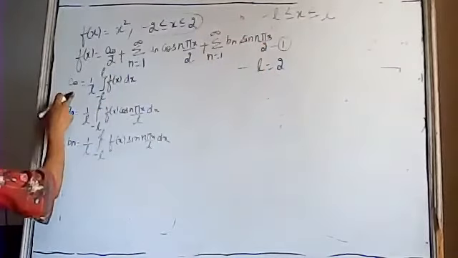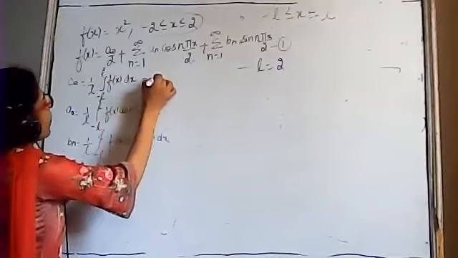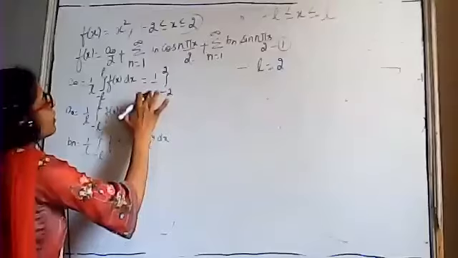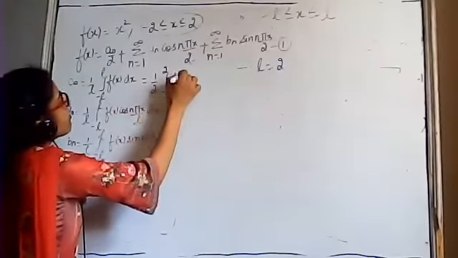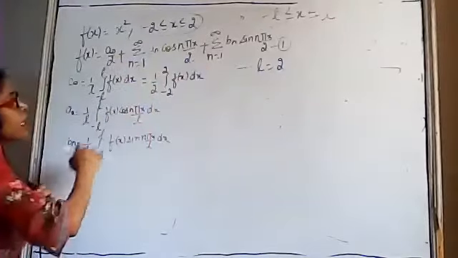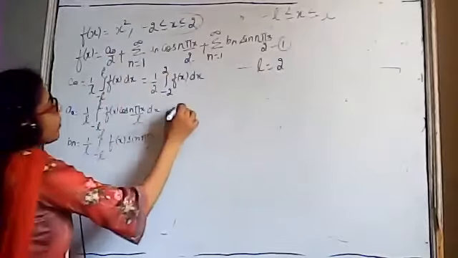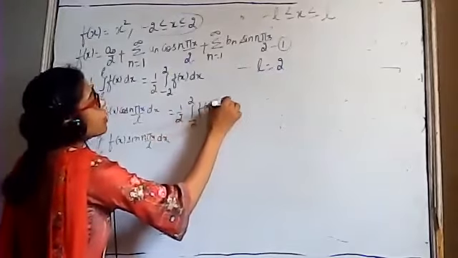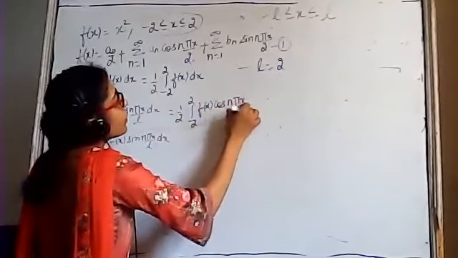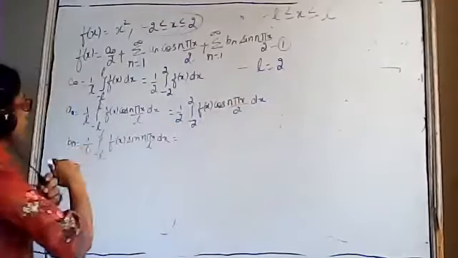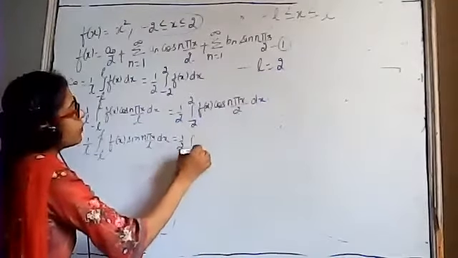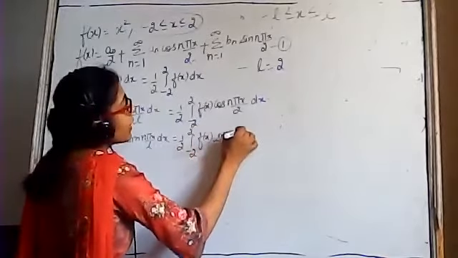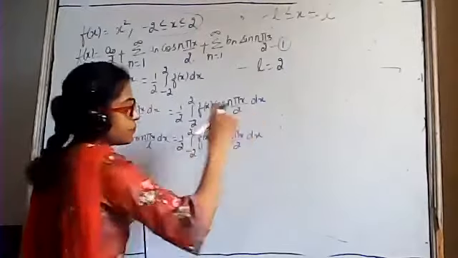After that, the value of a0 will be 1 by 2 integral from minus 2 to 2 f(x) dx. The value of a_n will be 1 by 2 integral from minus 2 to 2 f(x) cos of n pi x upon 2 dx. Similarly, the value of b_n will be 1 by 2 integral from minus 2 to 2 f(x) sin of n pi x upon 2 dx.